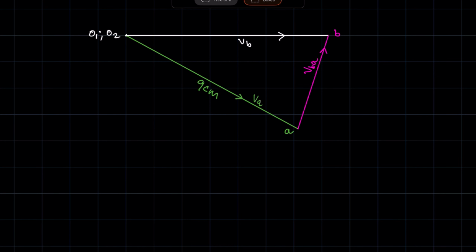When you measure VBA, I got 4.9 centimeters.